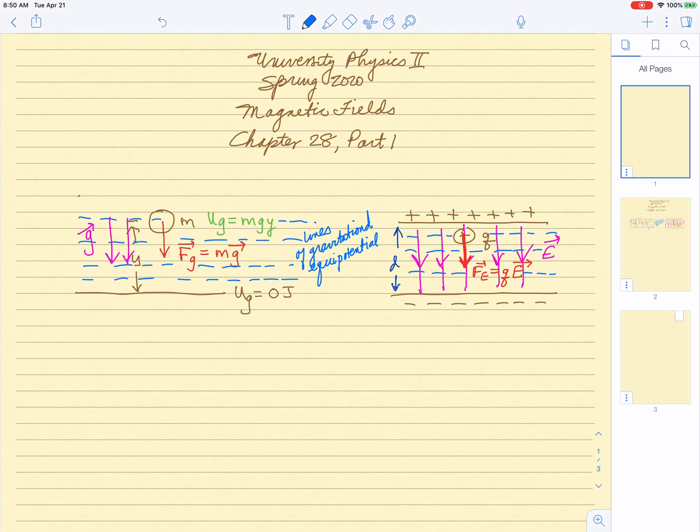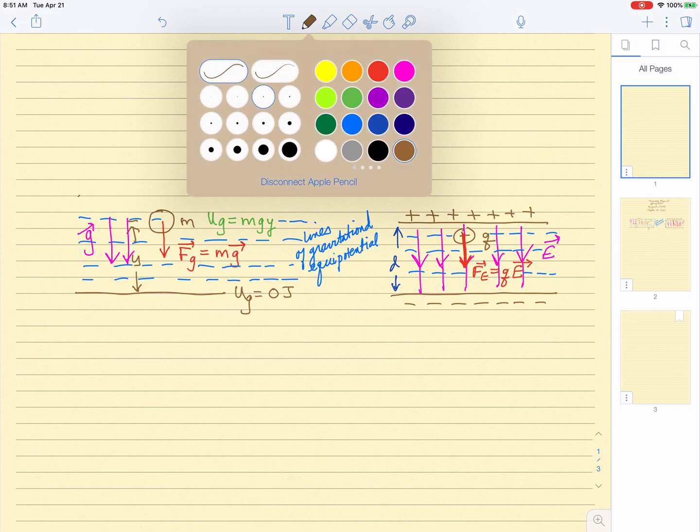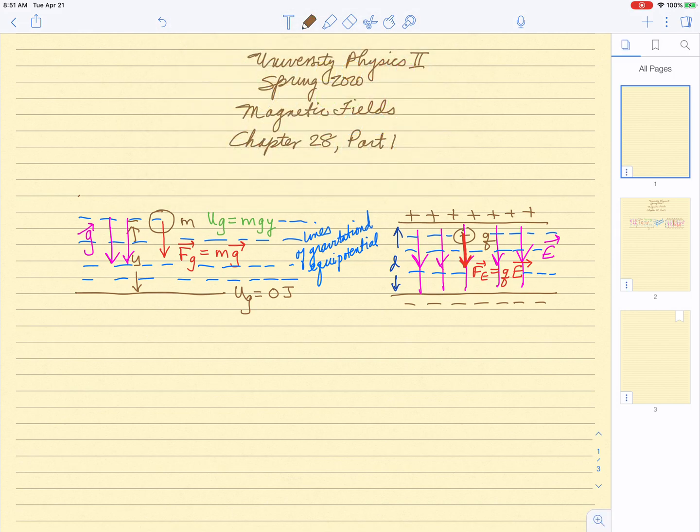So we know lots about the gravitational piece and the electrostatics piece. We know that the electrical potential energy then is going to be Q times V. And again, these two problems are analogous, right? So again, these are lines of electrical equipotential. Beautiful.